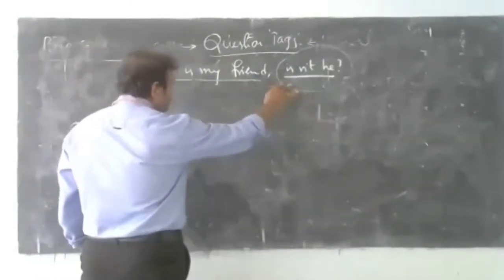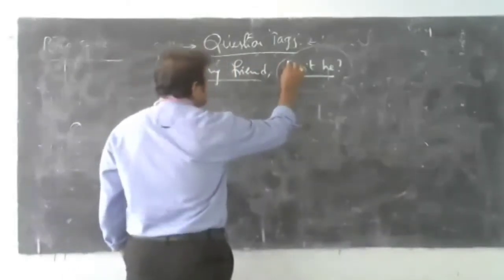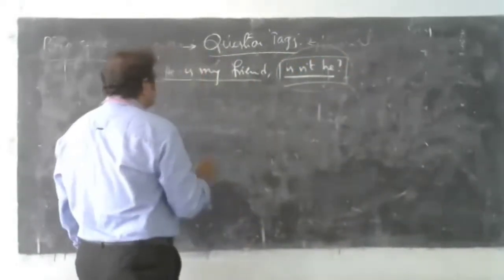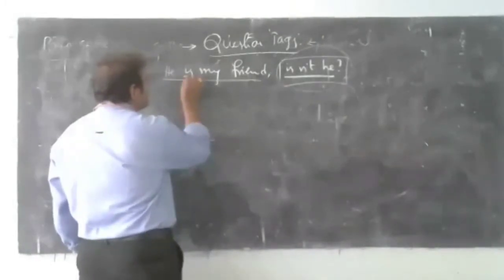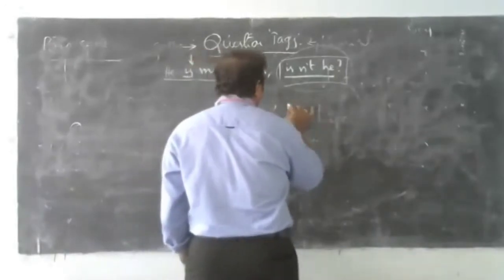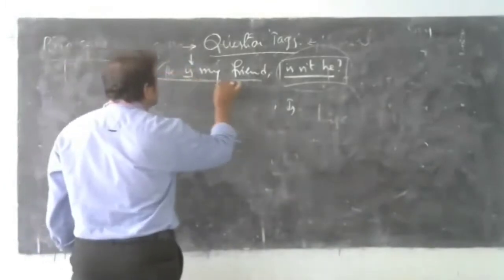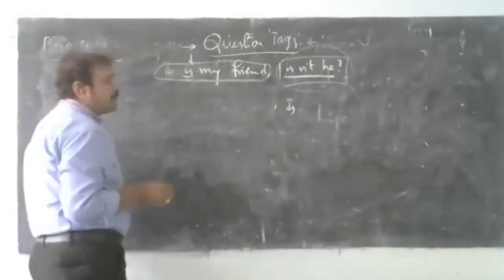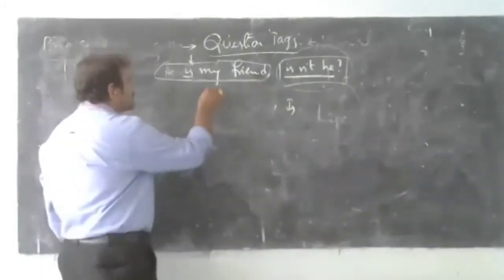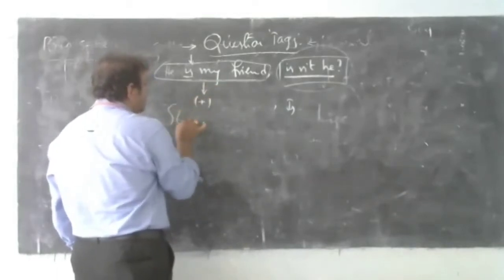So let's go through the exercise. How is this made? See, this is a helping verb. We have to start a question tag with the helping verb is. You know, the whole statement is affirmative. Just before, we discussed what an affirmative, a positive sentence is.